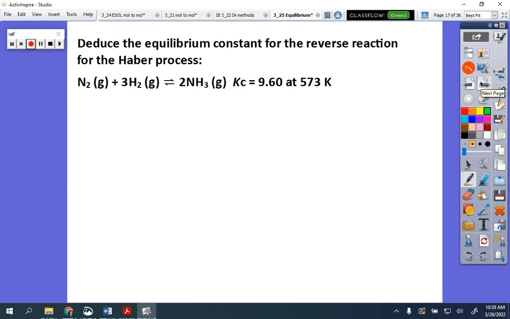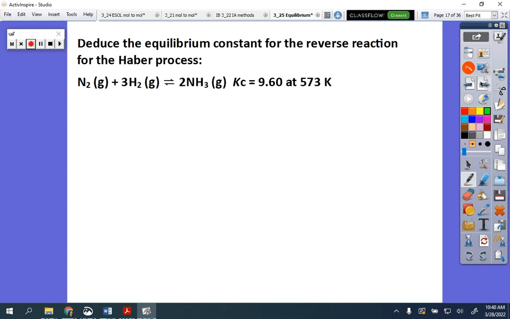So here I have something that we'll be talking a little bit more about later, possibly today, definitely tomorrow if we don't finish it today. This is called the Haber process. This is the production of ammonia. It's one of the most important chemical reactions in the history of chemistry because it allows us to take the abundant nitrogen out of the air and fix it into something that we can actually use.